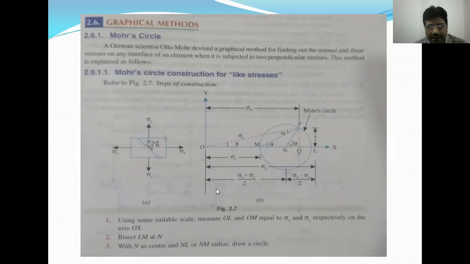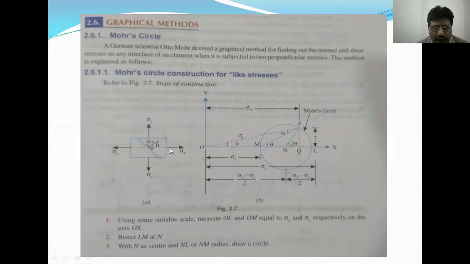In this, if a body is purely subjected to two tensile forces and hence two tensile stresses, one in the positive x direction and another in the positive y direction, the body will have two components. Similarly, we will have tensile stress developed in the negative x direction and the negative y direction.